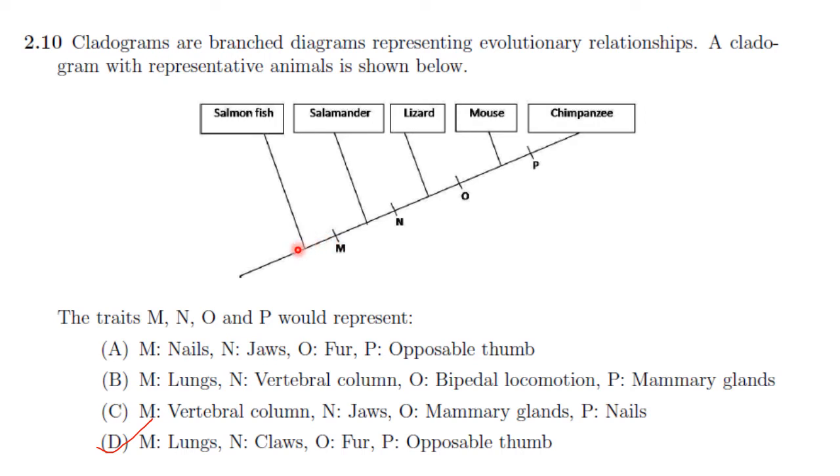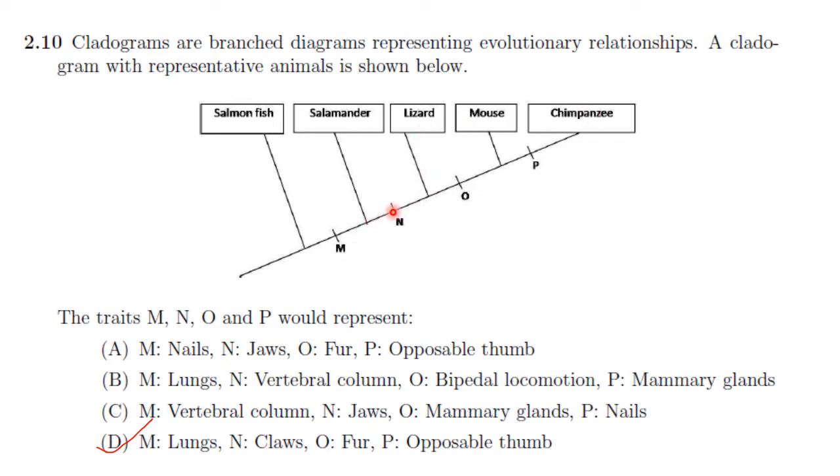Lungs are absent in salmon fish, so before this particular point lungs were absent, but after this point M, lungs evolved in salamander, lizard, mouse and chimpanzees. So M is lungs. N is claws. Claws are absent in salmon fish and salamander, but claws evolved after the point N, that is in the case of lizard, mouse and chimpanzees.